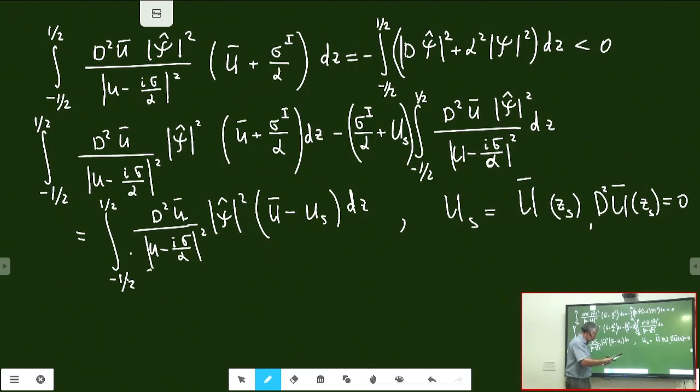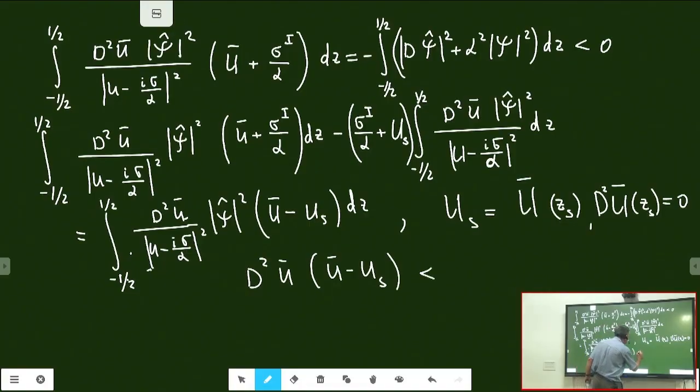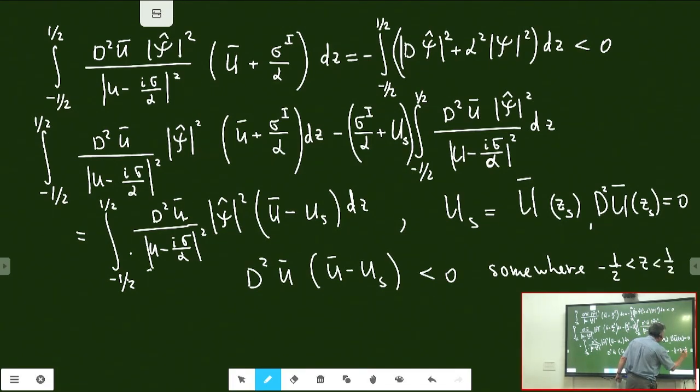So therefore, d squared u bar times u bar minus u sub s must be negative somewhere between -1/2 and 1/2.